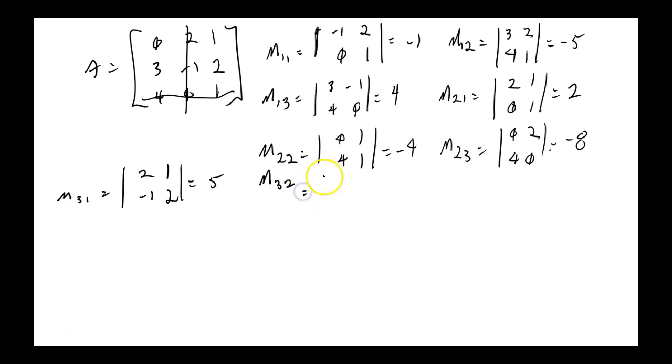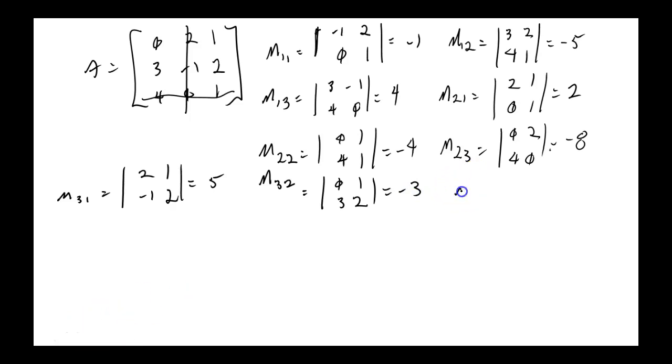Okay, would be 0, 1, 3, 2, right, and that would be negative 3. Is that what you said? Yep, good deal.